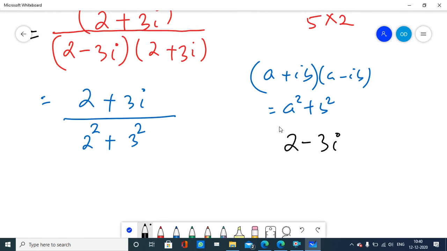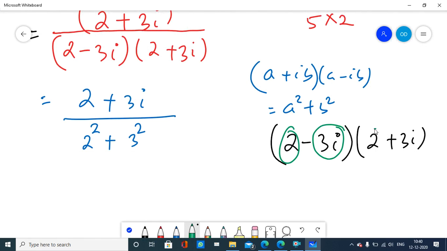Also, if you get confused, then no worries. You can just use the properties. Do you remember x minus y into x plus y is equal to x squared minus y squared?